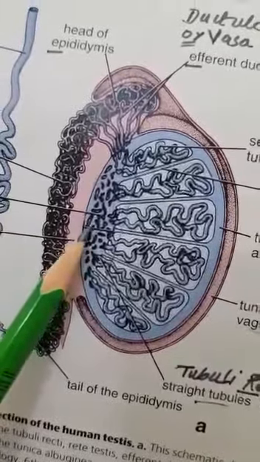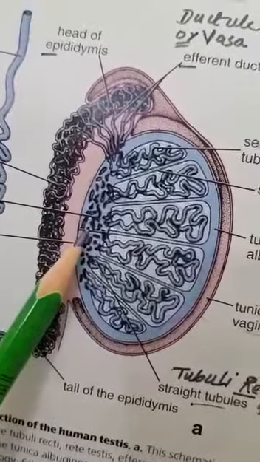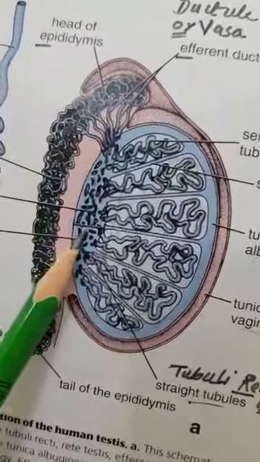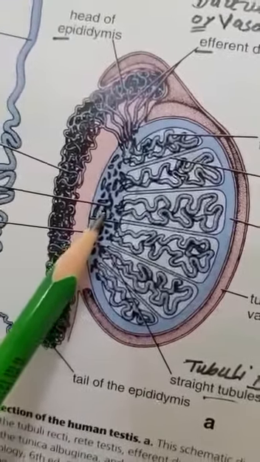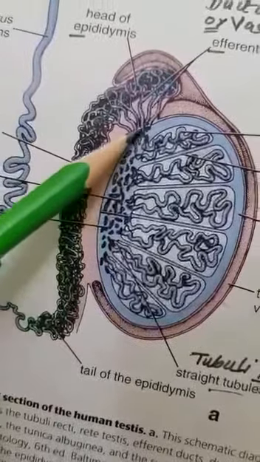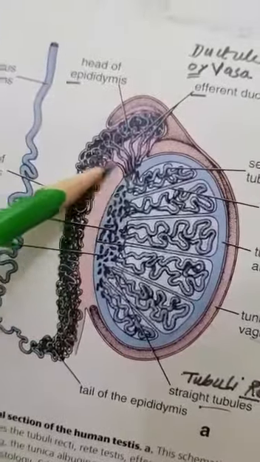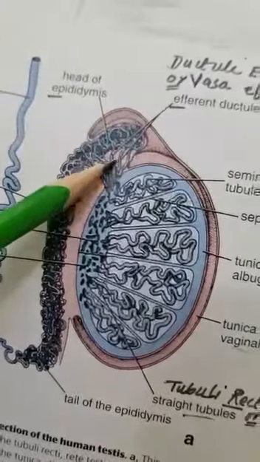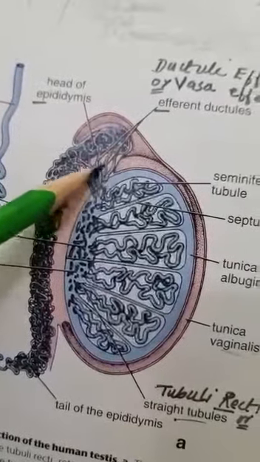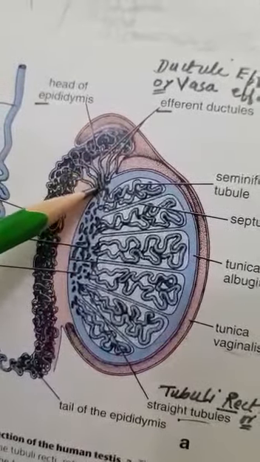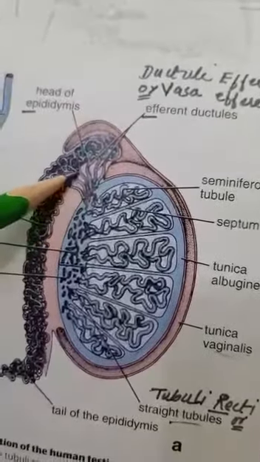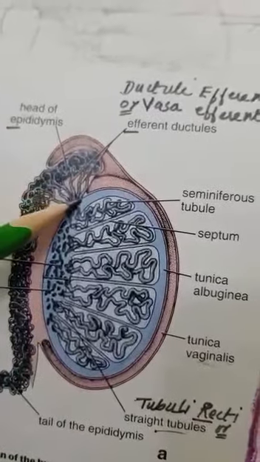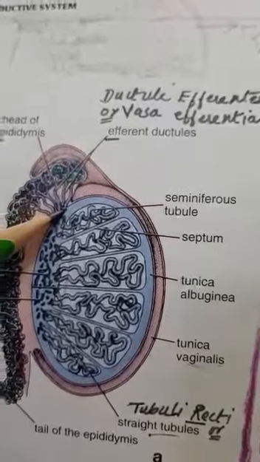Here, when you cut them, you see the epithelium made up of simple cuboidal epithelium, lined again with short microvilli and kinocilium. Now, can you see there is another collection of 10 to 12 efferent ductules taking exit from the rete testis, as efferent ductules or vasa efferentia or ductuli efferentes.